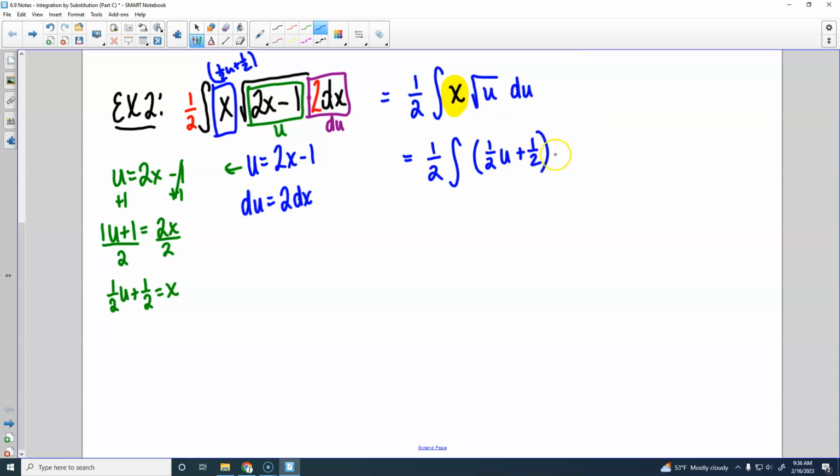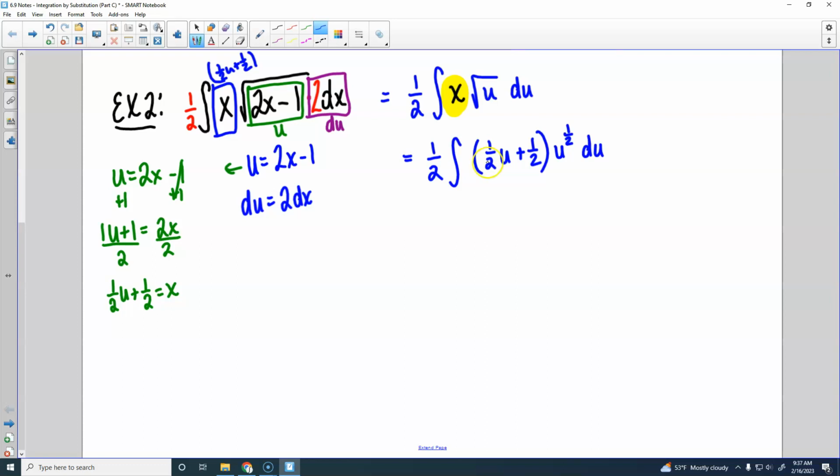And then instead of writing square root of u, I'm going to write that as u to the 1/2 power. So now everything is in terms of u. We're okay here so far?